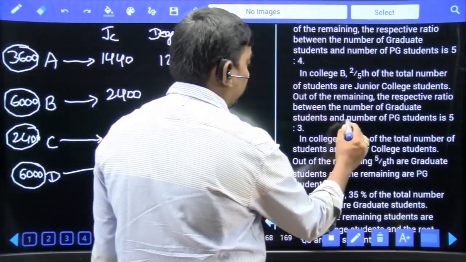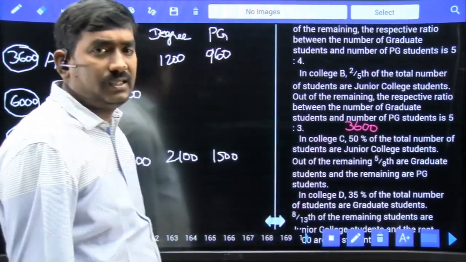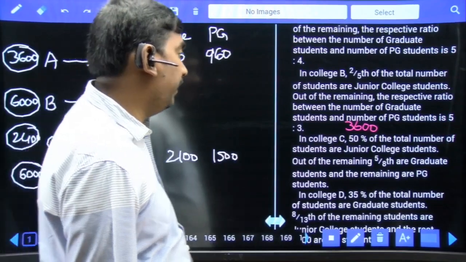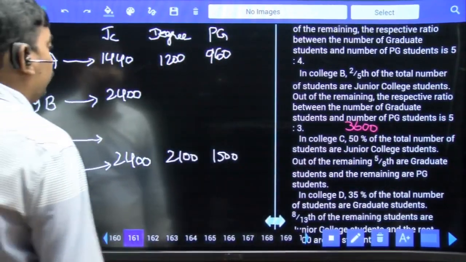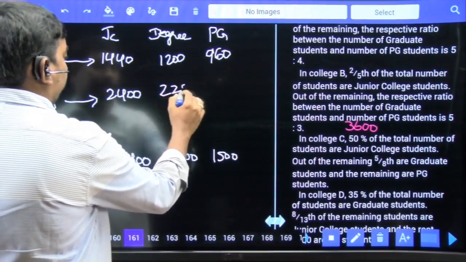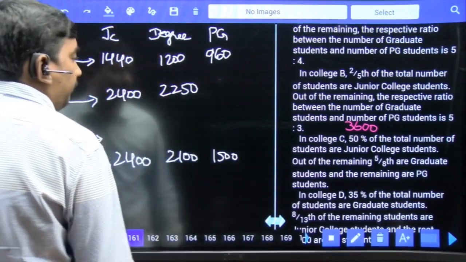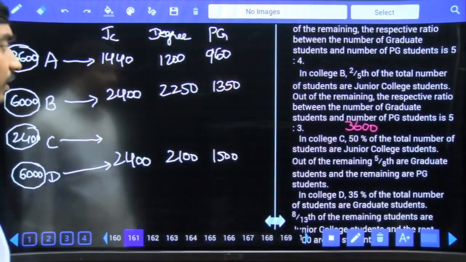We are left with 3600, in the ratio of 5 : 3. 5 plus 3, 8 parts value 3600. 1 part value 450. 5 times 450 is 2250. So the remaining 3 parts, 3 times 450 means 1350 are PG students.